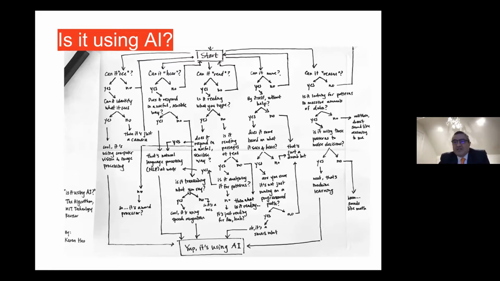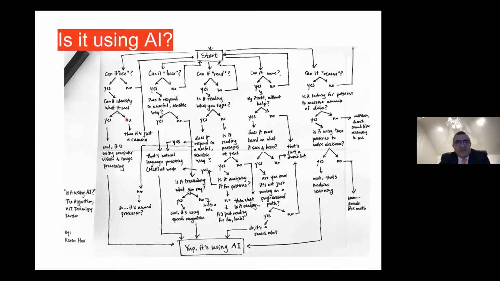If the answer to that question, in terms of the program or the application I'm looking at, is no, then no problem, it's not artificial intelligence. If it can see, okay, but it cannot identify what it is, then it is simply a camera. So we go back, and from that perspective, what's important is always to make sense of that side.